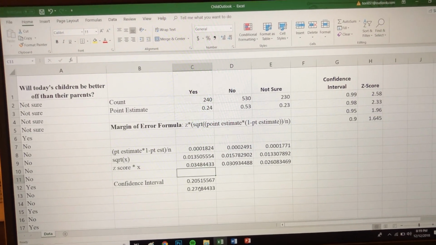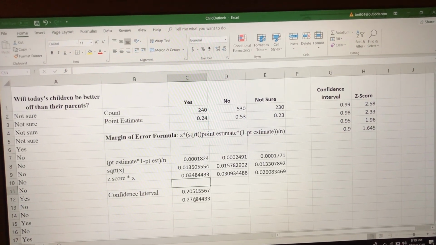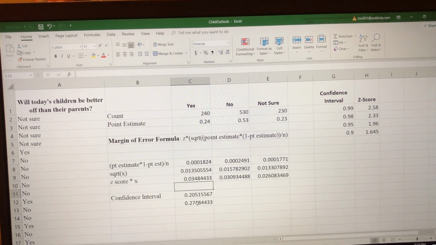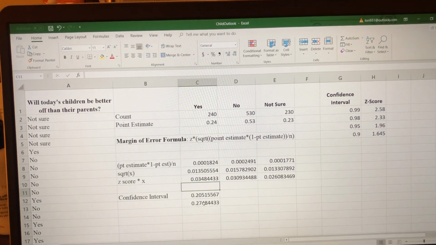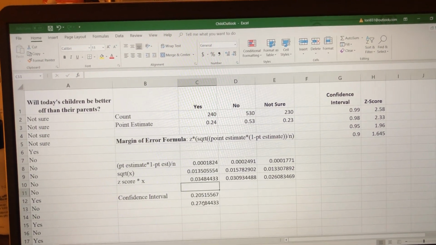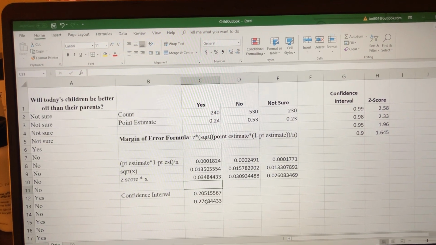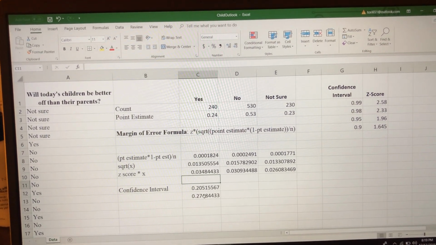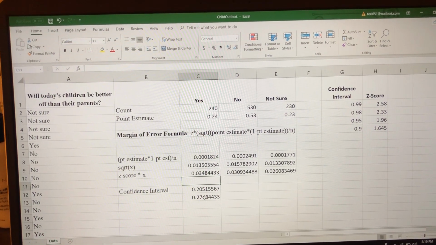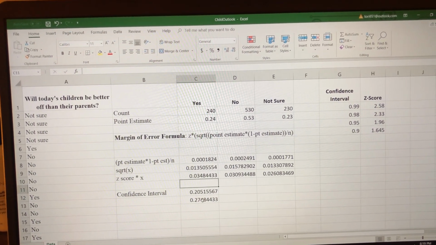This is going to be mainly for doing margin of error in sample proportions. So yeah, I hope that this might help you guys for the exam, and good luck.